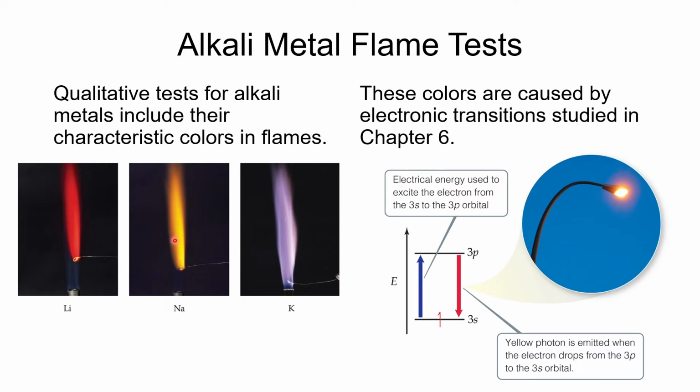And so you can take advantage of that for sodium by having sodium lamps. Now, sodium lamps aren't used as much as they used to be, but for much of the 20th century they were very energy efficient ways to light streets and cities, because it gives off a very prominent yellow color in the emission spectrum.